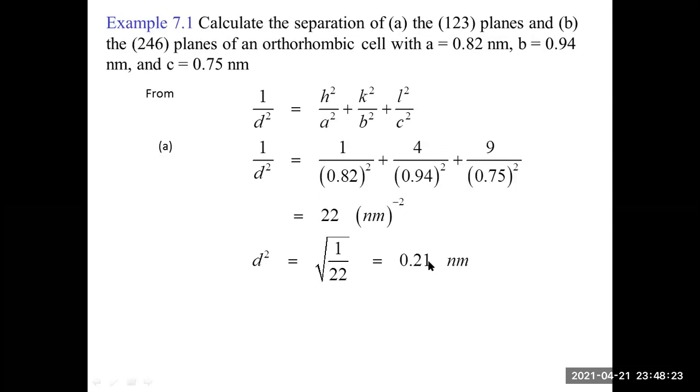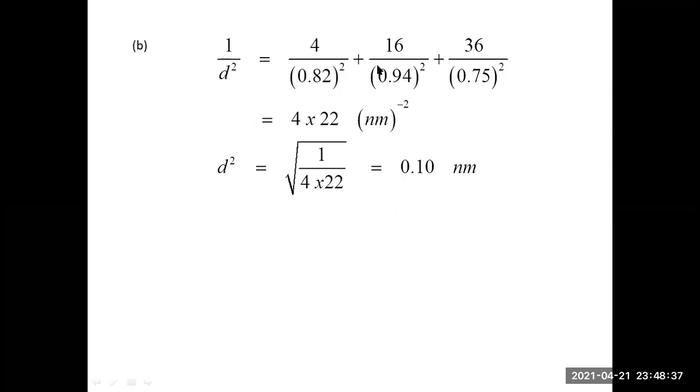So in the second one, what is the plane? 2, 4, 6. The only difference is that the numerator will change. Instead of 1, it will become 4. Instead of 4, it will become 16. And instead of 9 here, it will become 36. See here, 4, 16, 36.